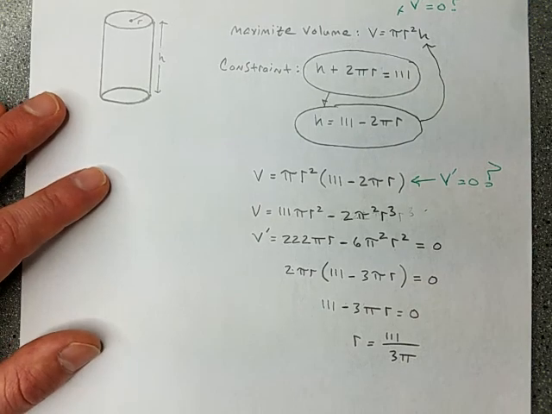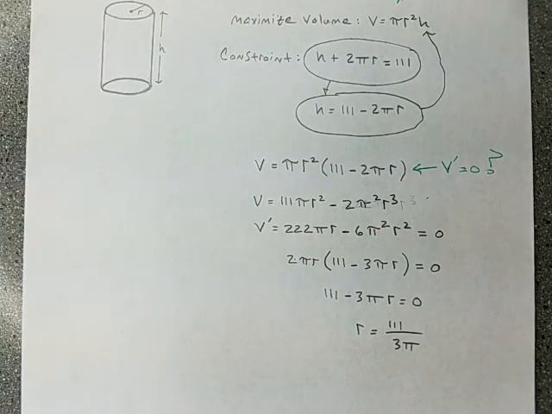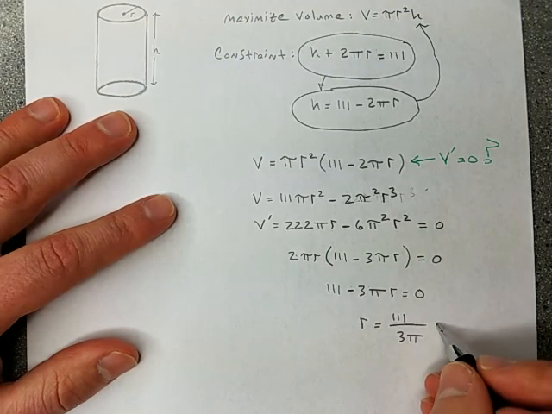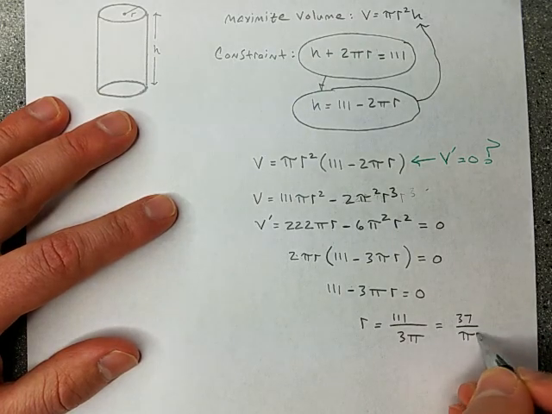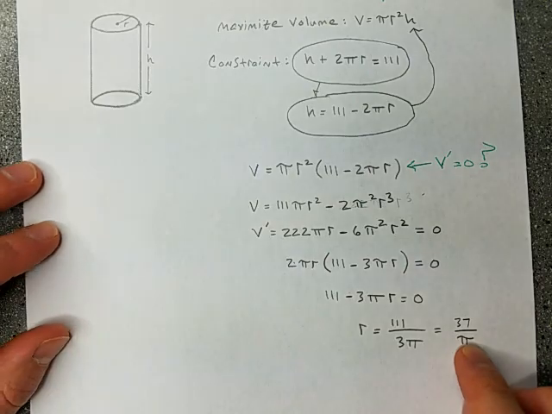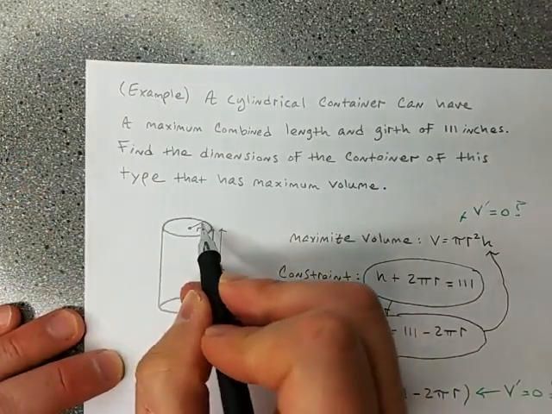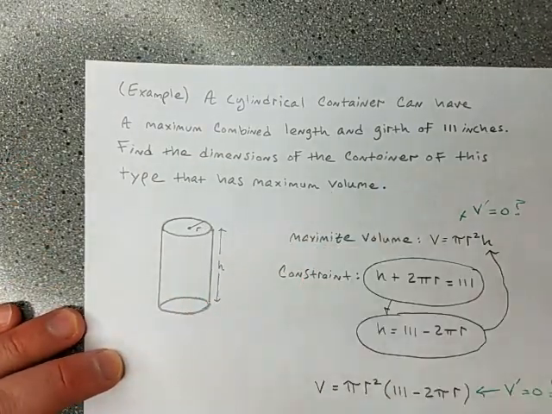Now, 3 into 111 works out to 37. So r is going to be 37 over pi. That's what the radius should be in order to get the maximum volume.